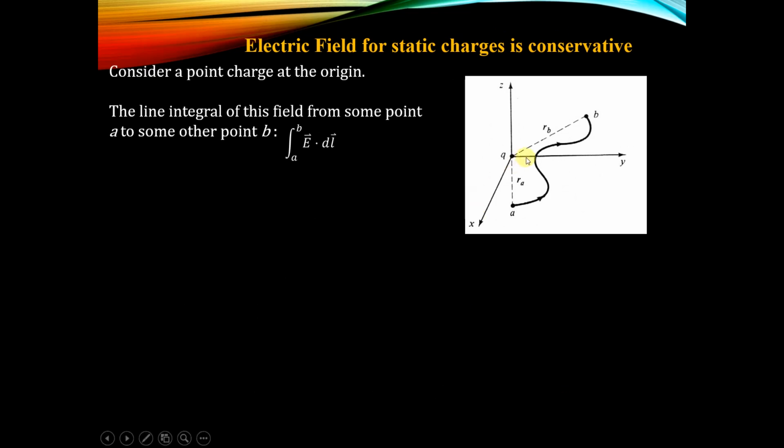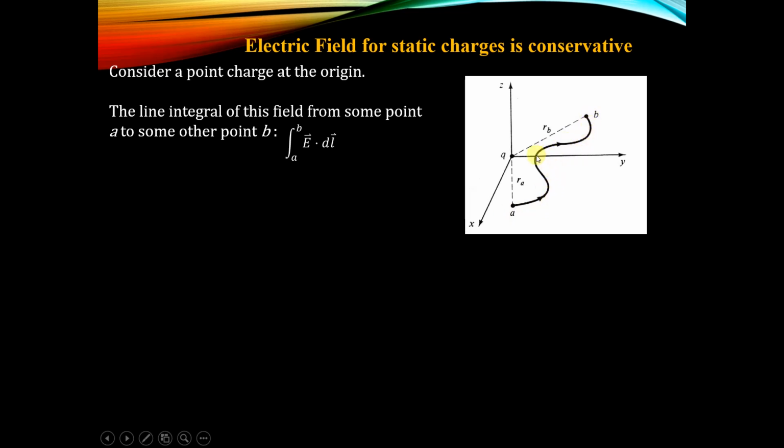Now let's consider a case in which we have only static charges, and say I have considered a three-dimensional axis. So there are three axes, x, y and z, and I kept a charge q here at the origin, and I'm going to consider that the field is acting in this particular path. I'm going to consider a line element here, a wire.